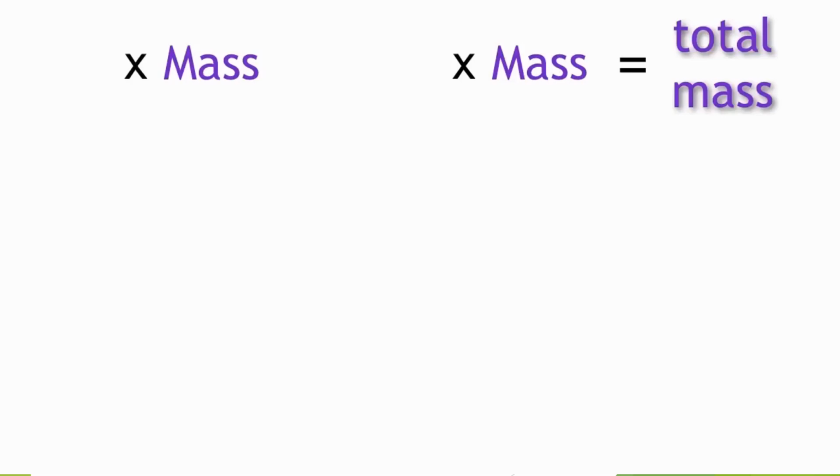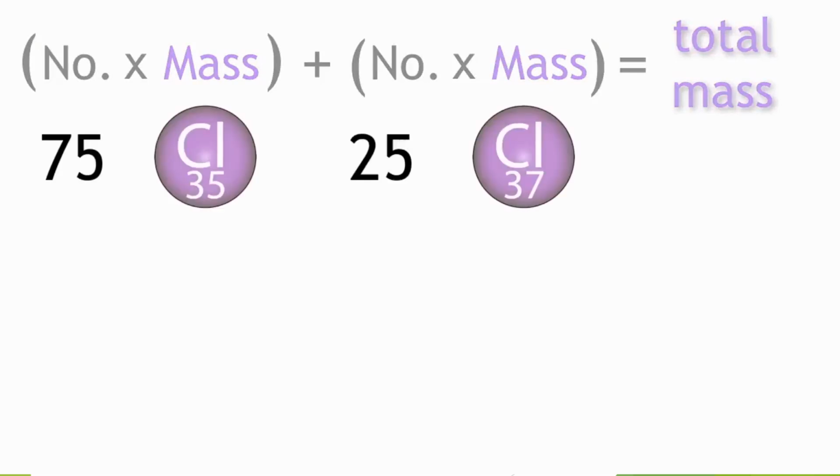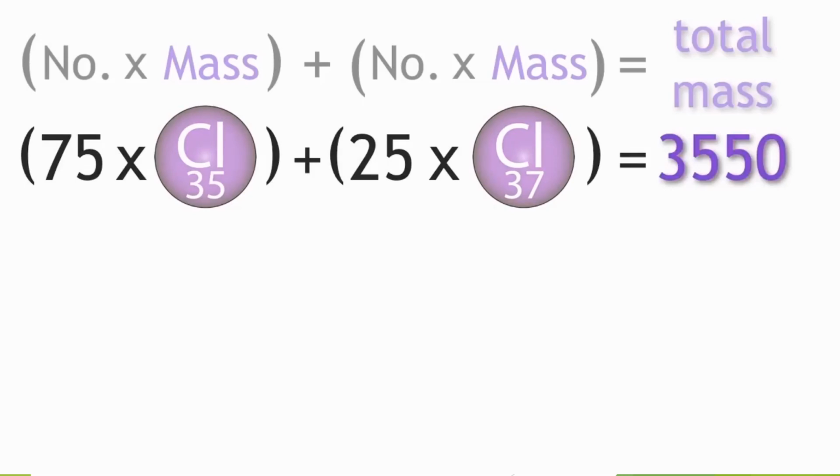We first find out the total mass of the sample. We do this by multiplying the mass of each atom by the number of atoms present for each isotope, and then we add them together. For chlorine 35, there are 75 atoms, and for chlorine 37, there are 25 atoms. So the mass of 100 atoms would be 75 times 35 plus 25 times 37, 3,550.